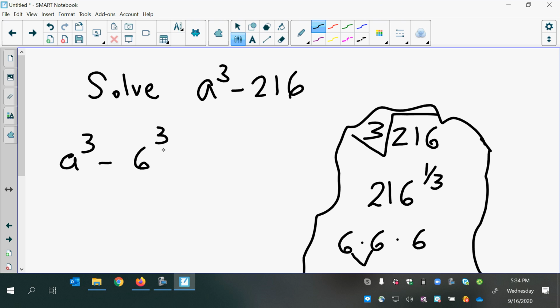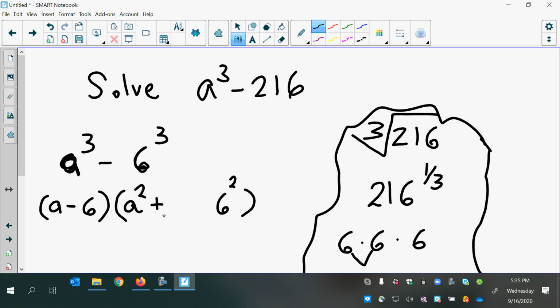Okay, so then we can use our difference of cubes pattern to do a minus 6, remember same sign, then a trinomial with the first term squared, it's the cube root of that first term there, and then the cube root of the second term squared, and in the center we're going to use the opposite sign for our center term, and it's just going to be a product of the two cube roots, so that'll be 6 times a.